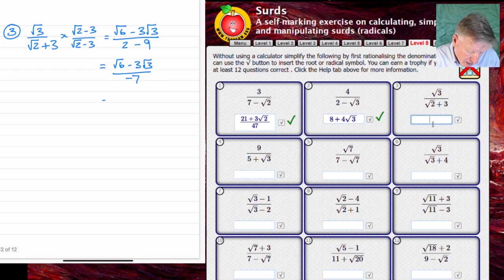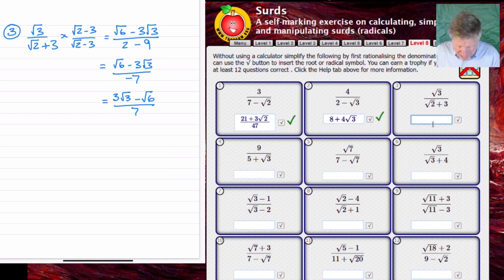So that root 6 becomes minus root 6, and that minus 3 root 3 becomes plus 3 root 3. So if I write it that way around and then the 7 there, that, I'm going to argue, is slightly simpler, because there's one less symbol if you count up the symbols that are used in both of those versions. So the one at the bottom is the simpler version.